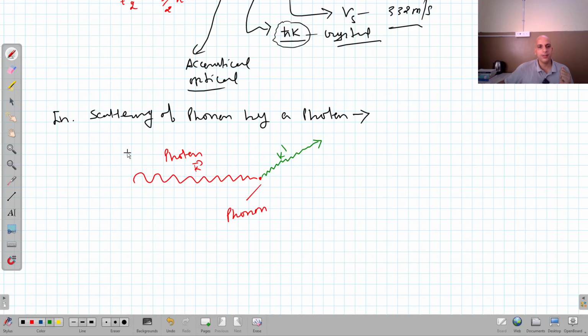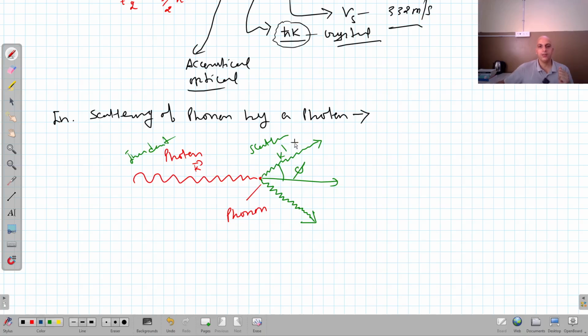It is incident and it is scattered. And we also have a phonon that is produced here, that is recoiled through this direction, and this is the incident direction. So this angle phi is the angle of scattering of a photon.